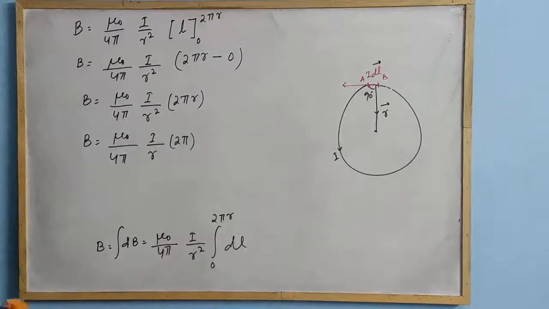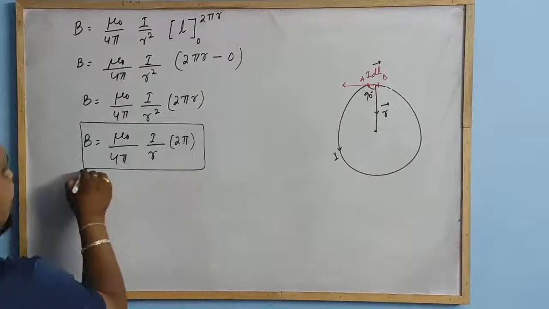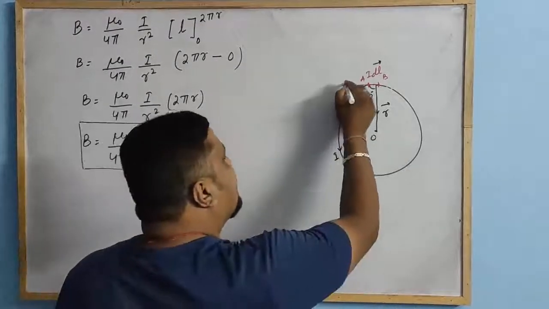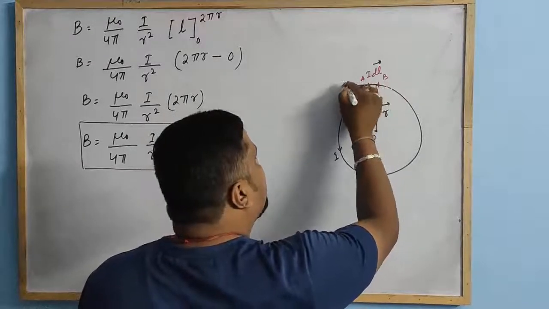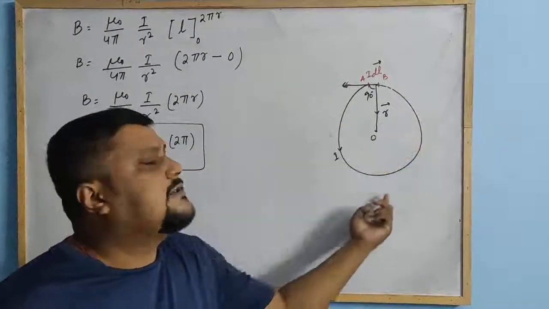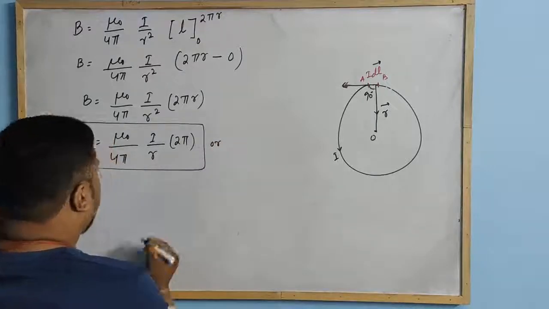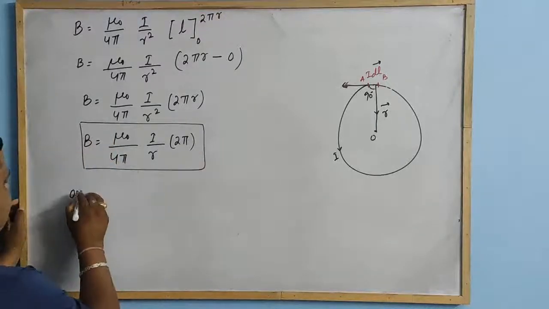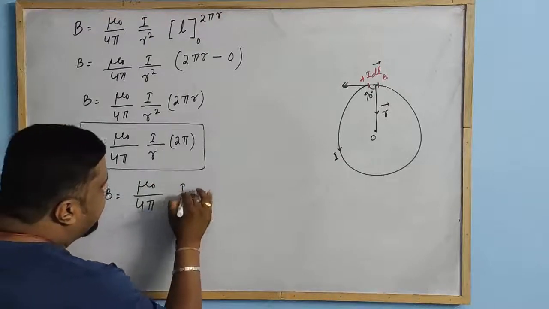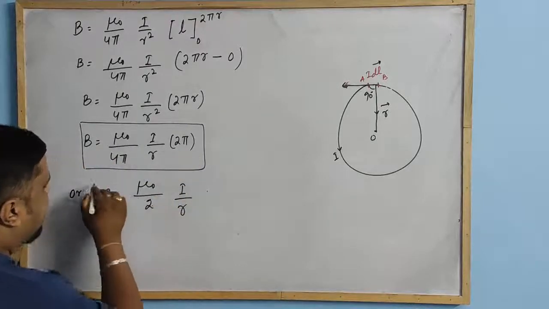So this is the required expression for the magnetic field at the center of the coil O. Clear? So this is the expression for the magnetic field at the center of the coil which is carrying current I. Or you can write B is equal to mu naught by 4 pi I by r into 2 pi; the 2 pi gets cancelled, so mu naught by 2 I by r.